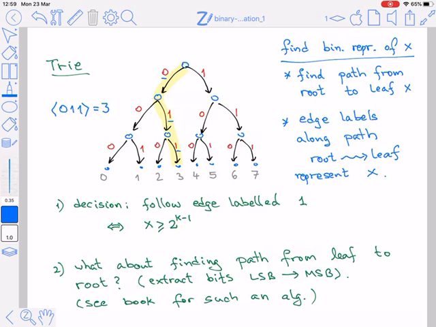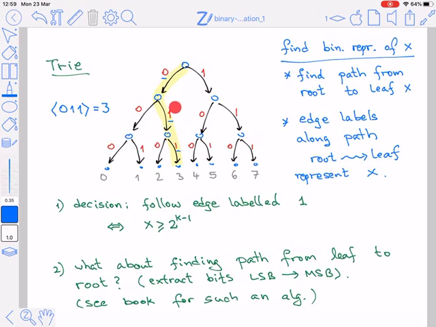Now, once we reach this node, we update the k. The k is decreased by 1. Okay, so now we're comparing 3 with 2. Therefore, we follow the edge labeled 1. But once we follow the edge labeled 1, we have to decrease x, because this 1 already contributes towards the representation of x. It contributes the value 2.